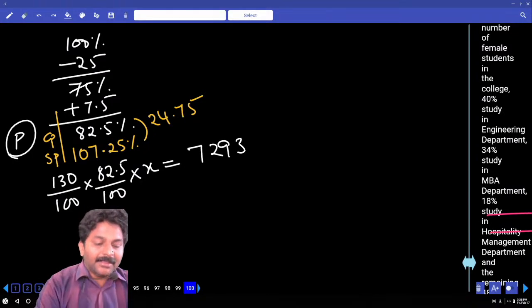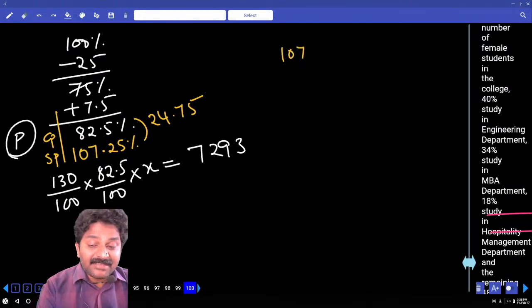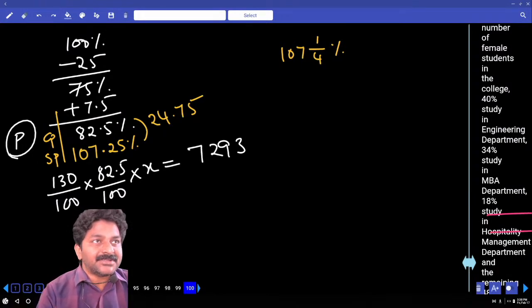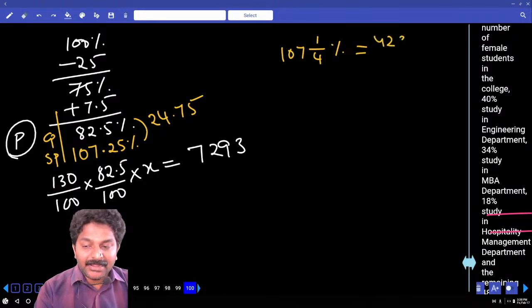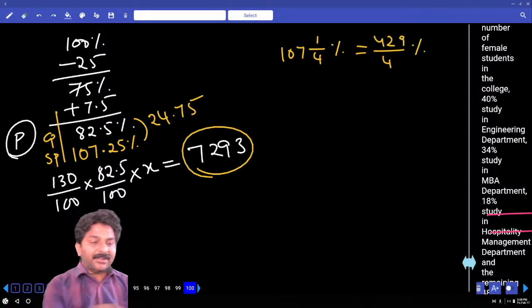So can I write 107.25 as 107 1 by 4%? 0.25 I am writing as 1 by 4. 107 times 4 is 428 plus 1, 429 by 4%, which is equal to 7293.